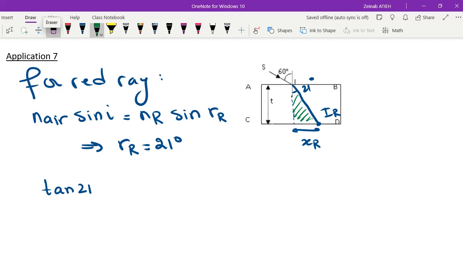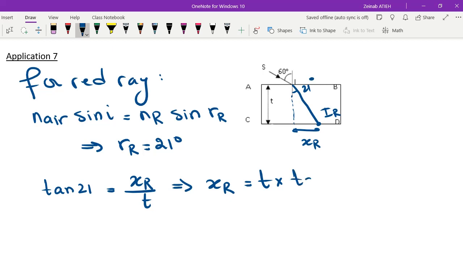Tangent 21 is equal to opposite over adjacent, so it's equal to X_R over the adjacent, which is AC, which is T. This implies X_R equals T times tangent 21. Why am I doing that? Because I have to find the distance between I_R and I_V, so this way I'm searching for the position of I_R.